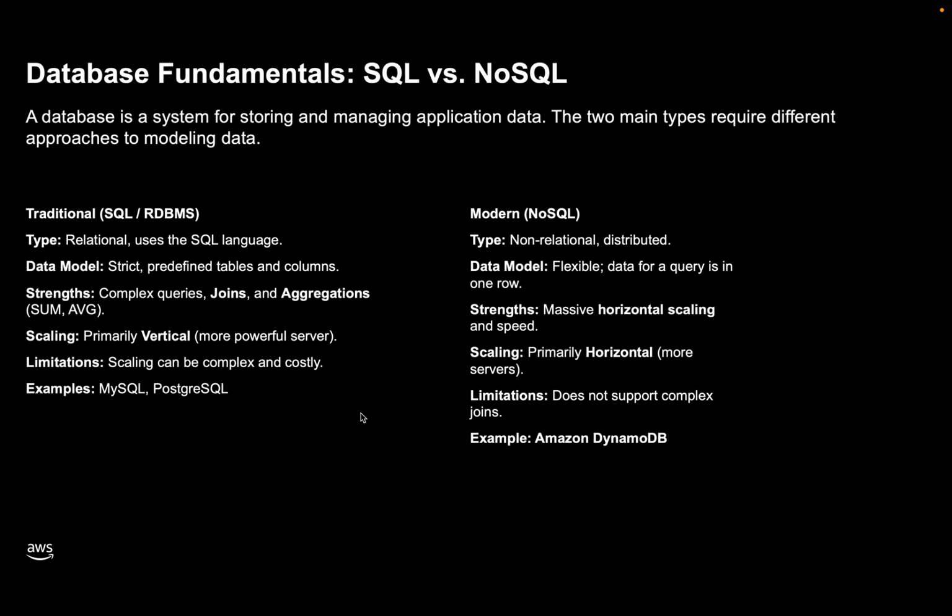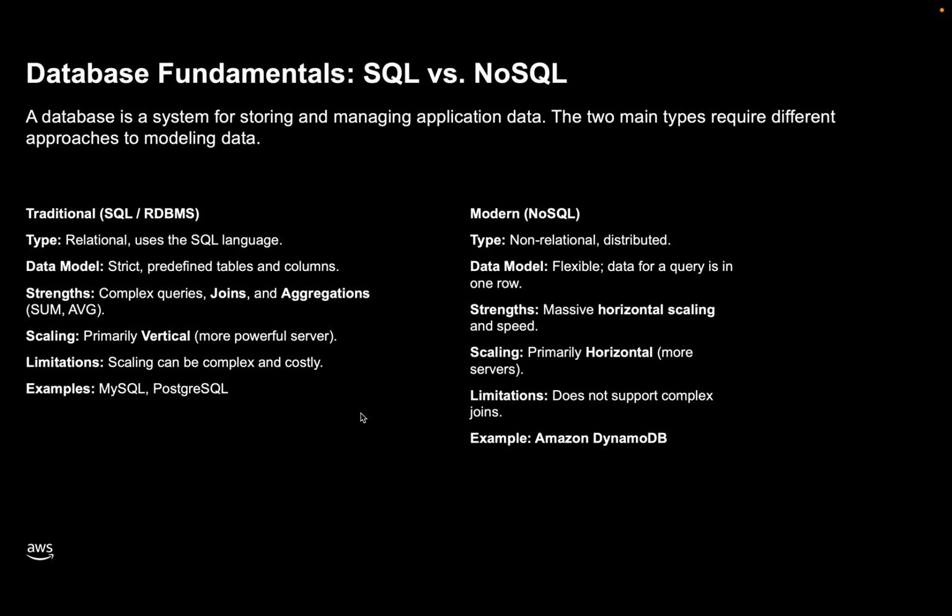Let's go through the limitations. Scaling is more complex and costly in the traditional database, whereas the modern database, NoSQL, does not support complex joins. There won't be any primary keys or foreign keys in NoSQL, which is DynamoDB. We can have SQL queries, but we cannot run complex SQL queries in DynamoDB, because it's a non-relational database and doesn't support complex joins.